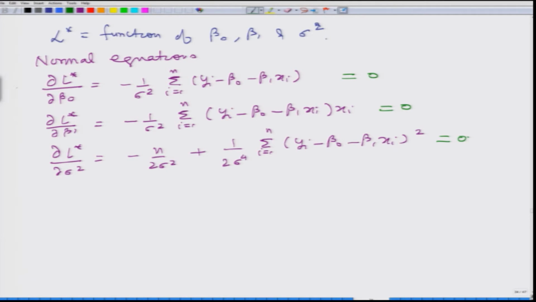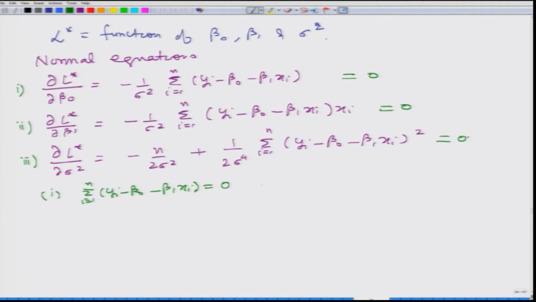Let me call these equation number 1, equation number 2, and equation number 3. The first equation, if I solve it, simply gives me summation i goes from 1 to n of (y_i minus beta 0 minus beta 1 x_i) equal to 0.